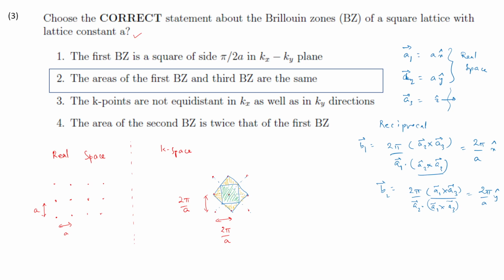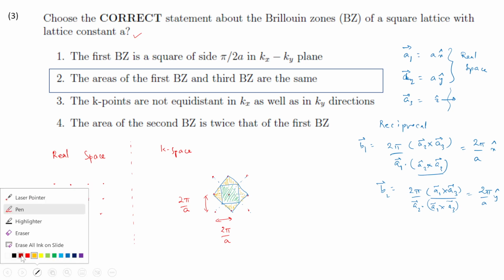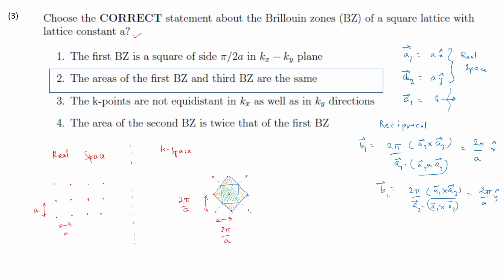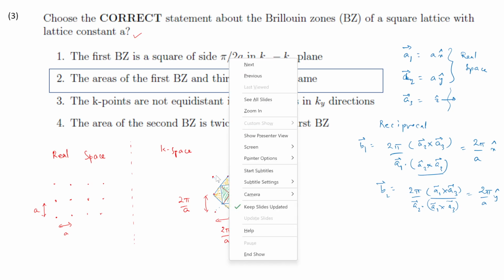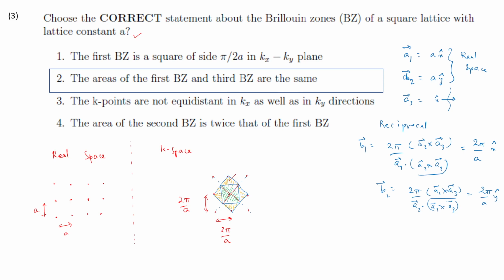Now just an observation, if you draw like this, see, this area is the same as this area, same area. Similarly, this is the same as this, and this is the same as this.